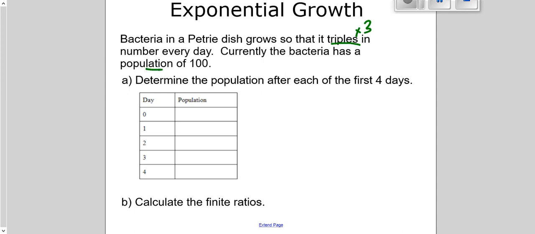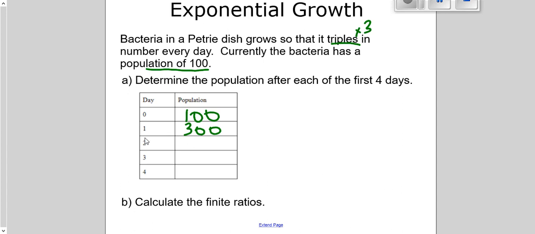The other thing to take note of is where it begins. So it starts with a population of 100. So at day 0, that would be our starting day, we have 100 bacteria. Now, after 1 full day has passed, we would be up to 300 bacteria because I take my 100 and I triple it, so I multiply it by 3, which brings me to 300.